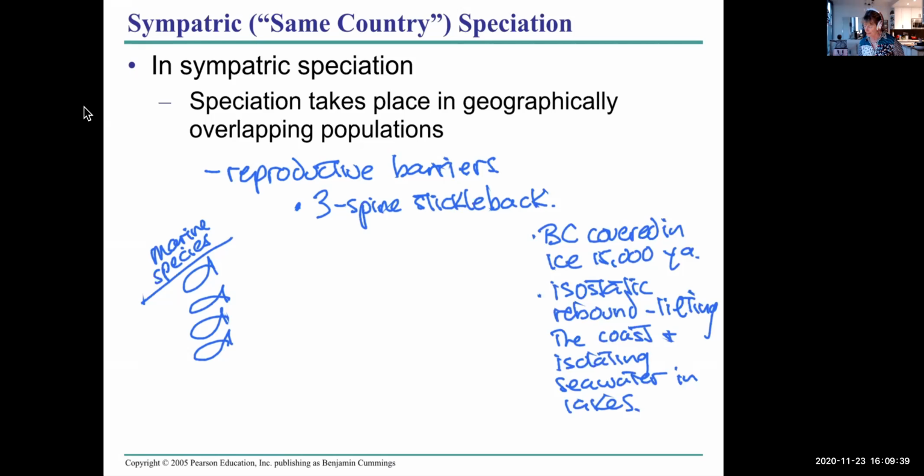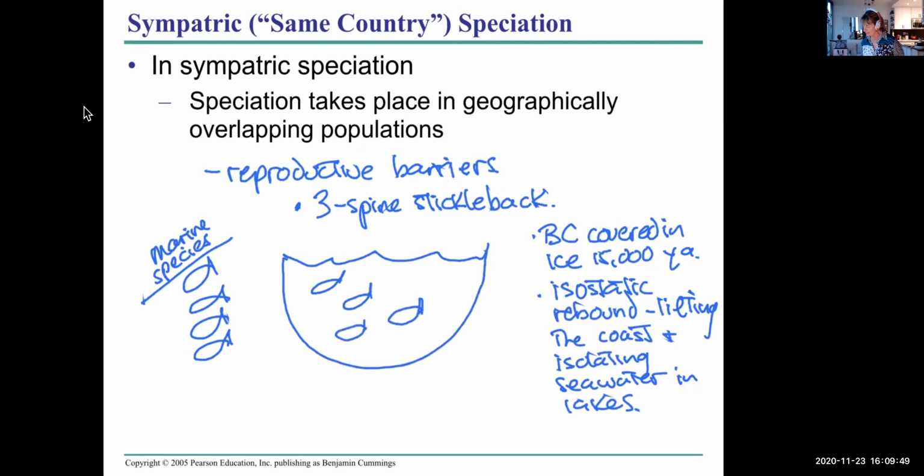So you've got a lake. And you've initially got your marine species. What's happened over time, interestingly, is now there are these large sticklebacks that hang around in the pelagic zone, and these really small sticklebacks that hang around in the benthic zone, and they don't interbreed anymore.